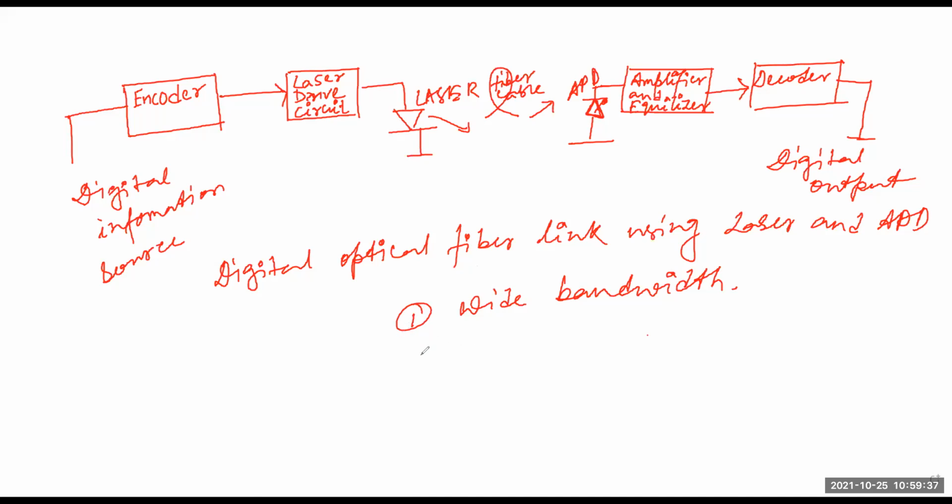And the second one is low loss. This is the main feature we are getting from the optical fiber communication system. Whenever the signal is transmitted from one end to another end, there are losses. If the noise is very high in that transmission medium, the loss will also be very high.